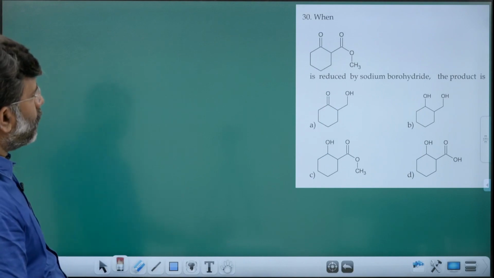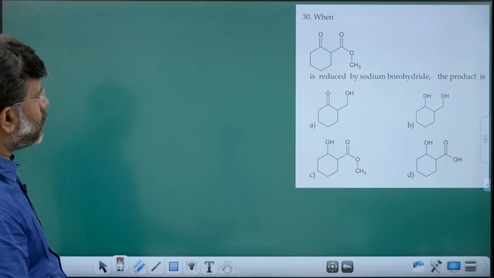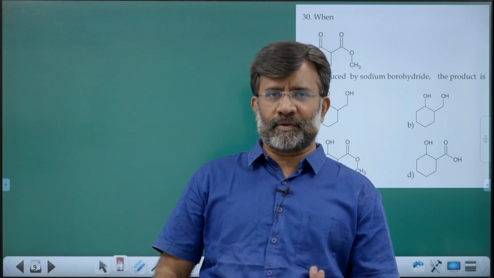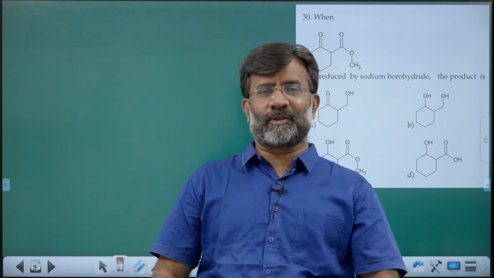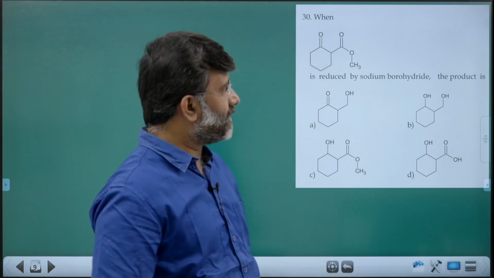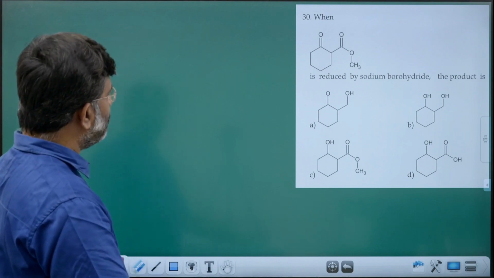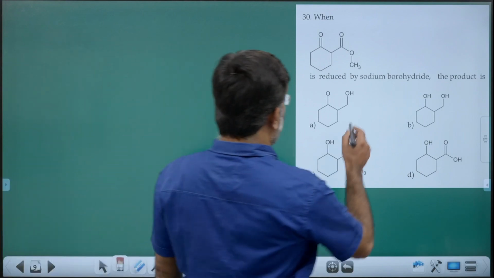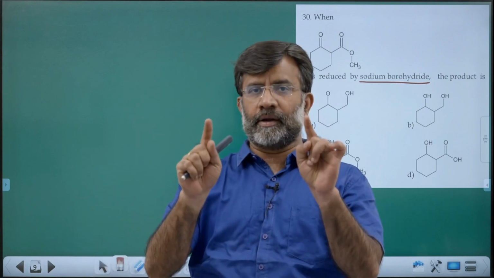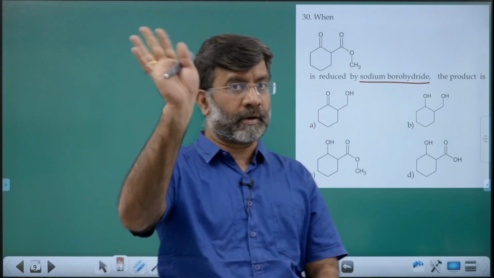When the given molecule is reduced with sodium borohydride, another question from the NCERT, which appeared latest in the NEET examinations. What is the answer? Sodium borohydride can reduce a keto group, not esters.